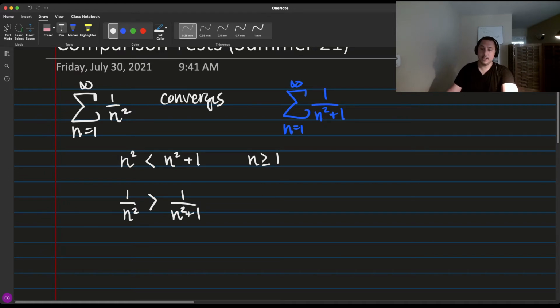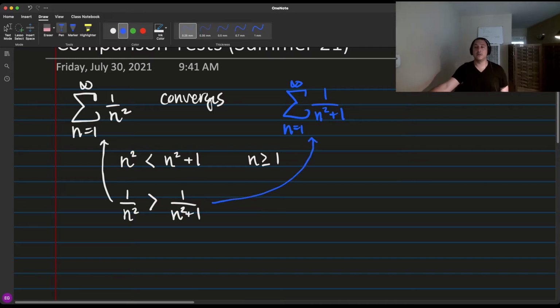Now notice that this is the term for this sequence, and this is the term for this sequence. So what we now know is that every term of the sequence on the left, the p-series, is greater than every single term of the sequence on the right. So it should be that this converges. And that is exactly what the comparison test tells us.